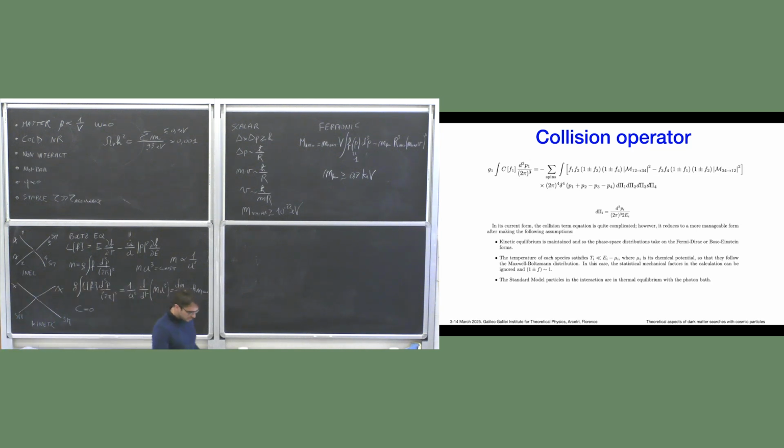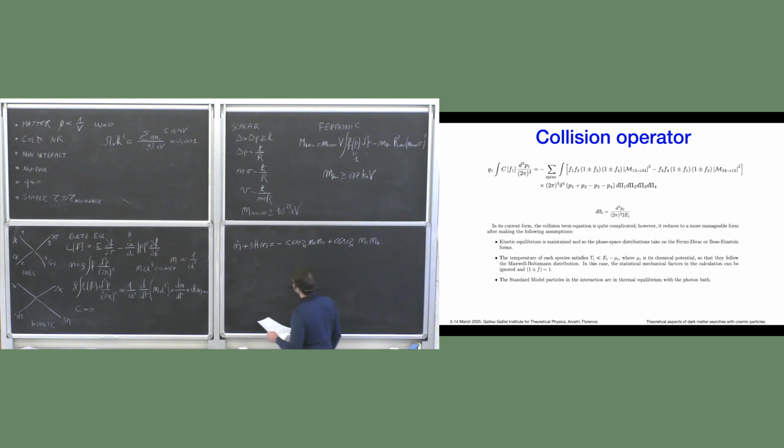So if we follow these assumptions, the integral of the collision operator gives, so this is the part of the Liouville operator, and this becomes equal to minus the average of the annihilation cross-section. This is the thermally averaged cross-section of dark matter particles, plus the sigma v for standard model particles annihilating and producing dark matter particles.